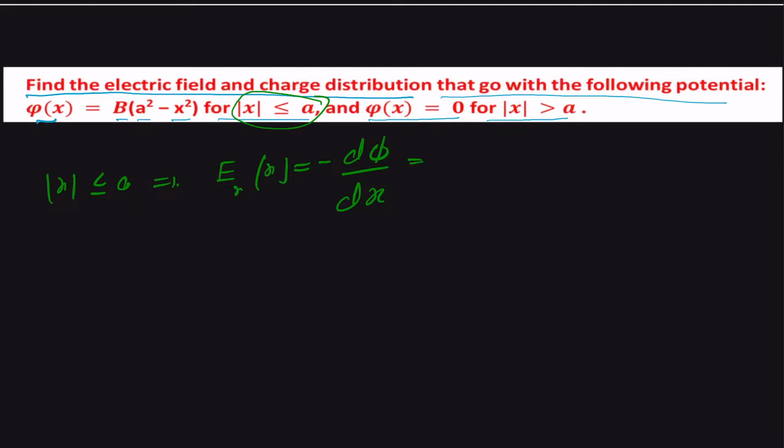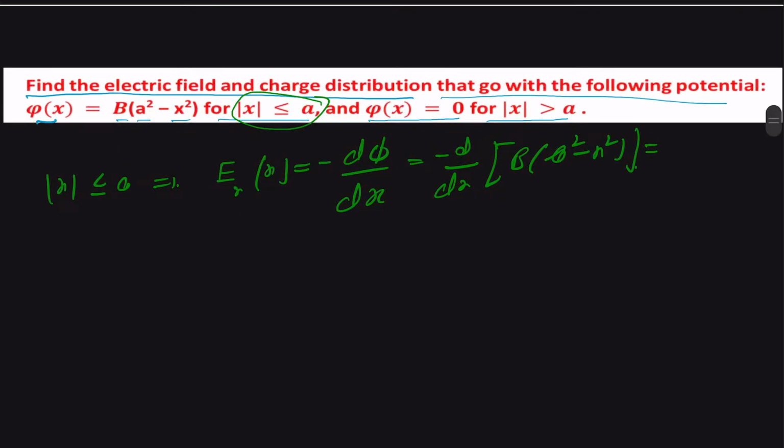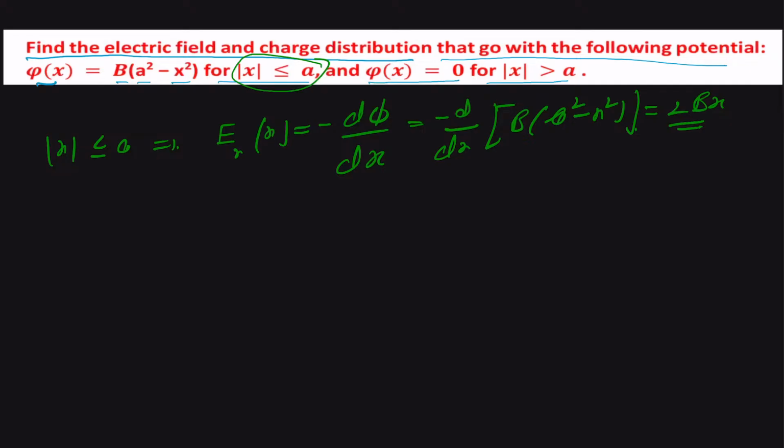We simply substitute the value of our potential equation, that is minus d by dx of b a square minus x square, and this will be coming as our 2b times x. And for x greater than a, our value of our potential is equal to 0. So we are given that x is greater than a, so the value of electric field is equal to 0.